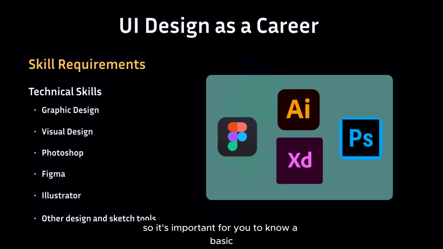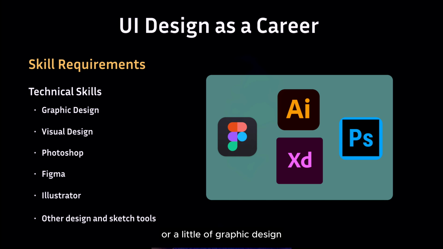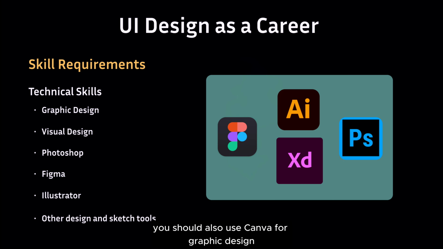So it's important for you to know a little graphic design. There's some software you use to learn graphic design, like Photoshop, CorelDRAW, Adobe Illustrator. You could also use Canva for graphic design. If you get familiar with these technical skills, they'll give you an edge in becoming a UI designer.